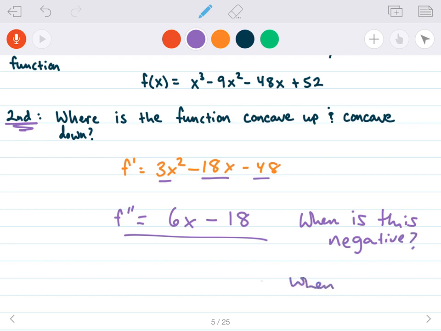And when is it positive? Again, we can take the second derivative and set it equal to 0, solving for x, and we get x is equal to 3.